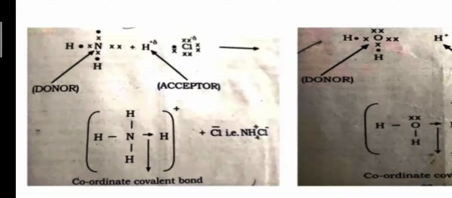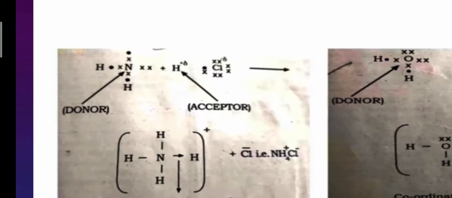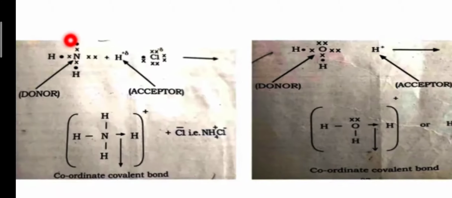The hydrogen is acceptor and in ammonia the nitrogen is donor. It donates this lone pair to this hydrogen ion and forms a coordinate covalent bond.